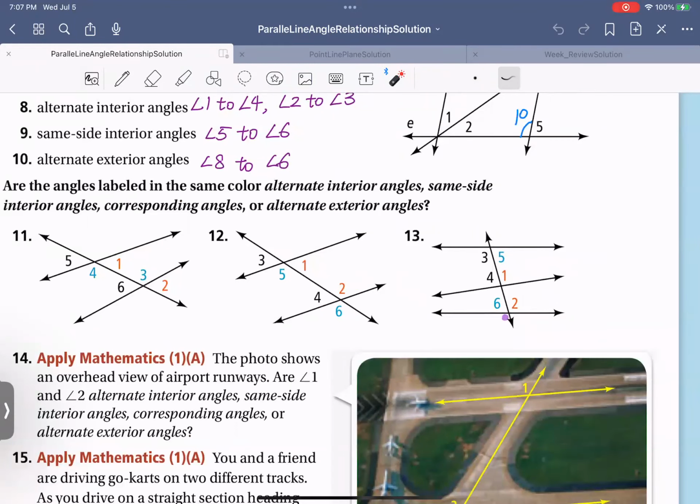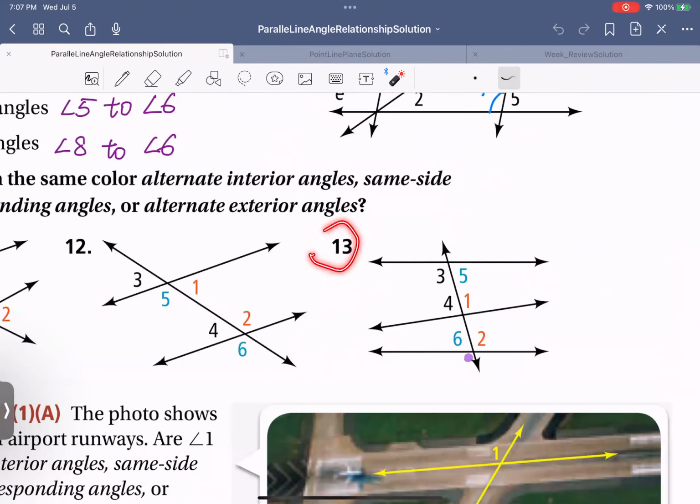Sophie, let's take a look at 13. Look here. These two. Same side interior. Good. And these two. Also same side.